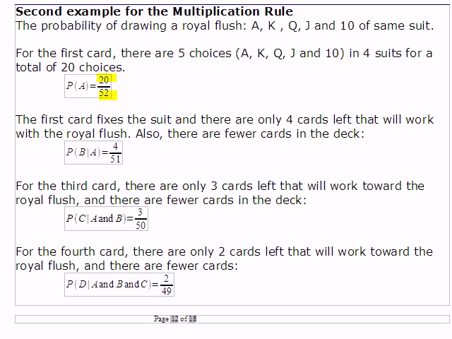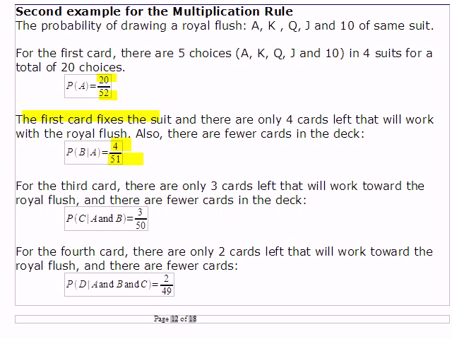Once you draw that first card, you've now specified the suit, which is what it says down here. There are now only 4 cards left that will work with the royal flush. Say I drew a 10 of diamonds. Now the only cards I can draw next are the ace, king, queen, and jack of diamonds. There's only 4 left, so that's why this reduces to 4. Also, there's only 51 cards left because we're holding on to that 10 of diamonds that we drew.